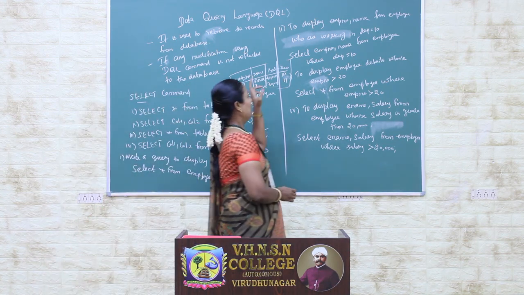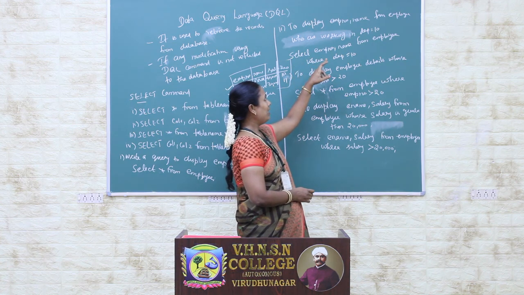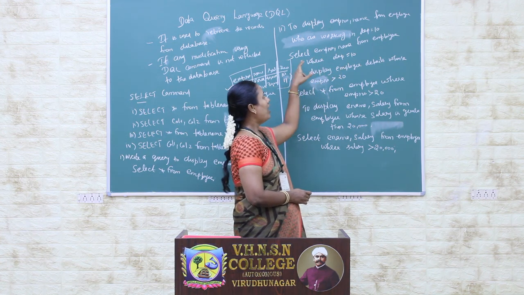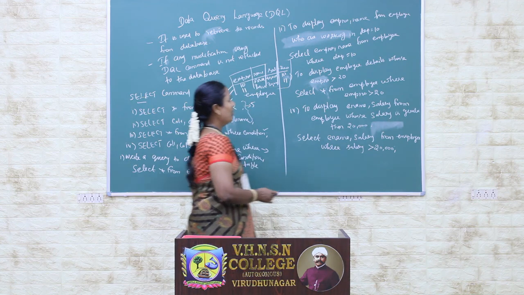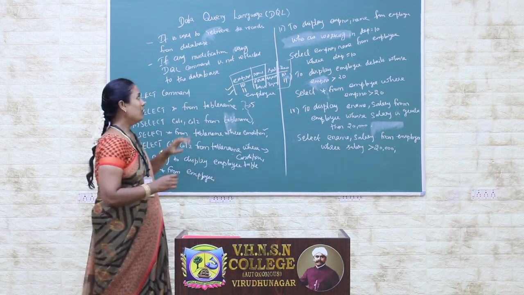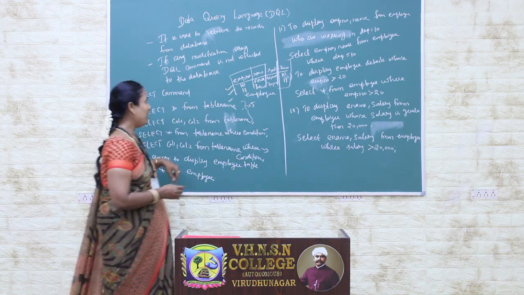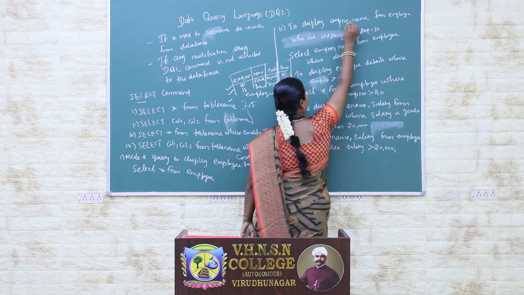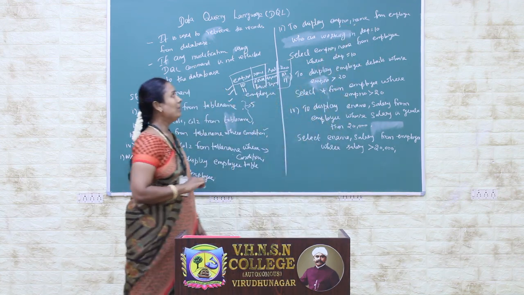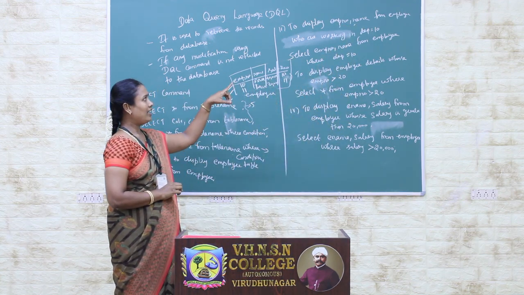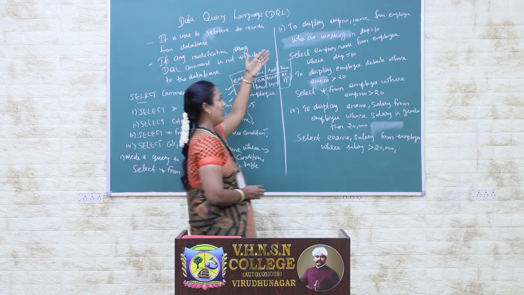Then the second query: display the employee number and name from employee who are working in department 10. Can you see the difference between these two? Here I mention star, here I mention only the specific column names. Then I additionally add the WHERE condition. How will this query be written?